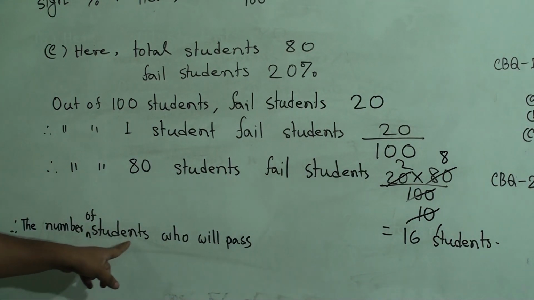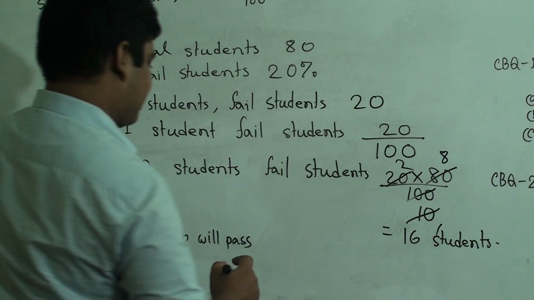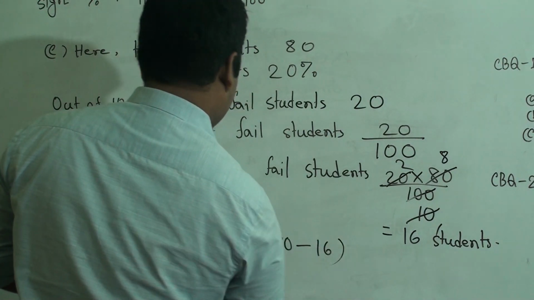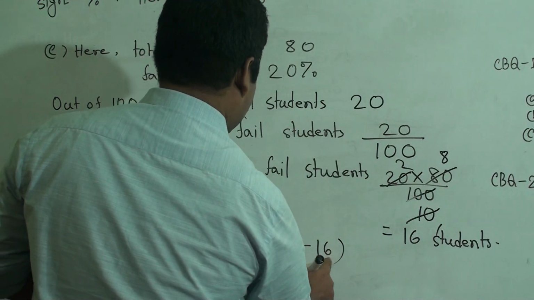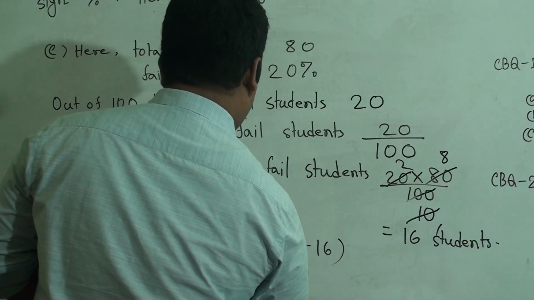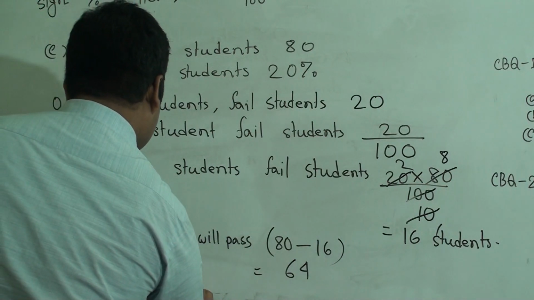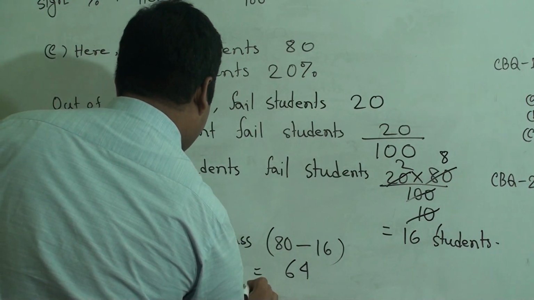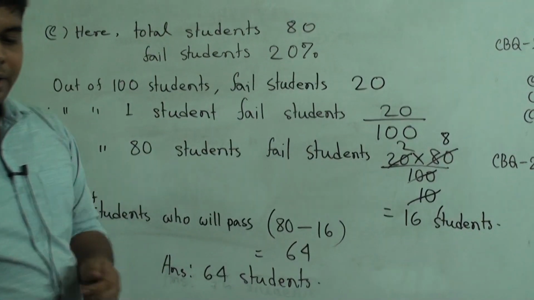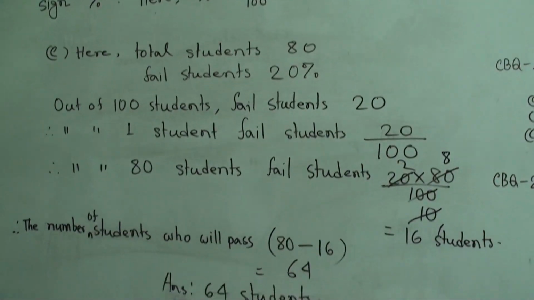The number of students who will pass is 80 minus 16. That means 4, carrying 1, to 64. So answer, 64 students. I hope you have understood.